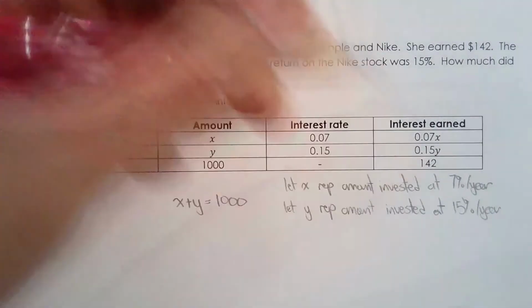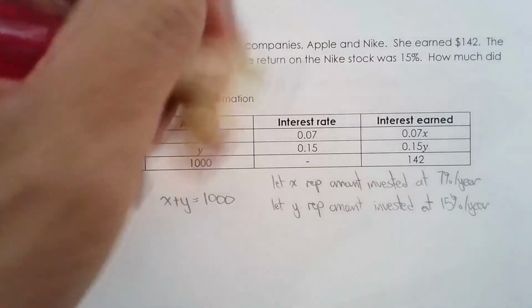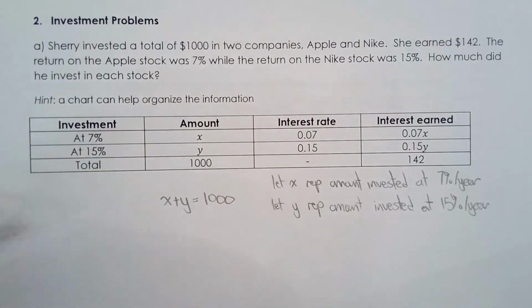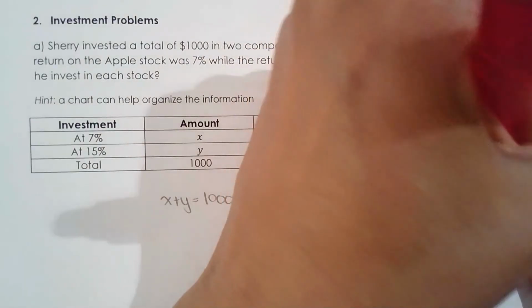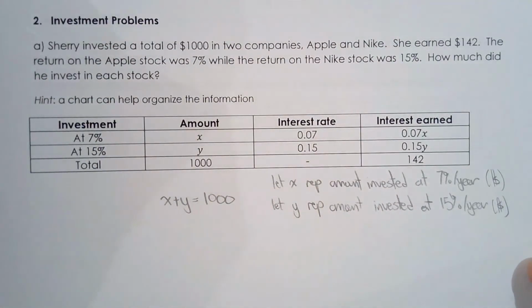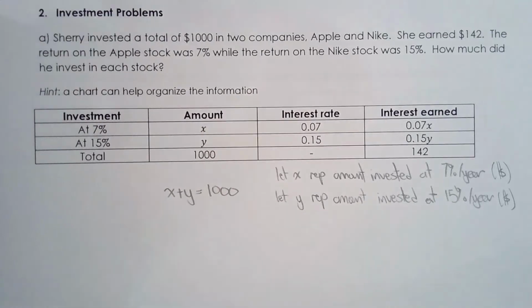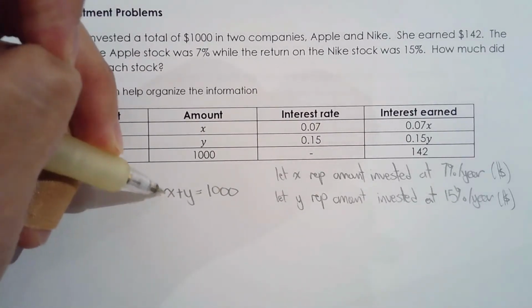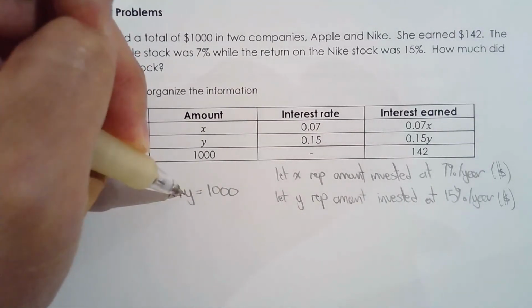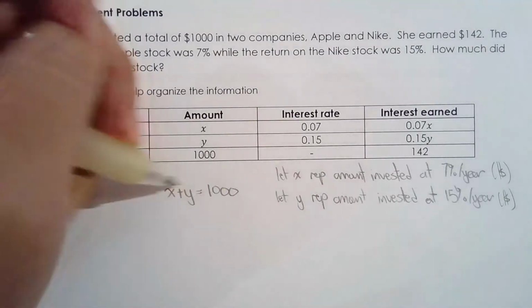That's the return. They're both really good returns, to be honest with you. She invested in dollars, so let's make sure we write that. They're not pesos, they're not yen, dollars. So x plus y equals 1,000, which means the amount invested at 7% plus the amount invested at 15% is $1,000. So it makes perfect sense.